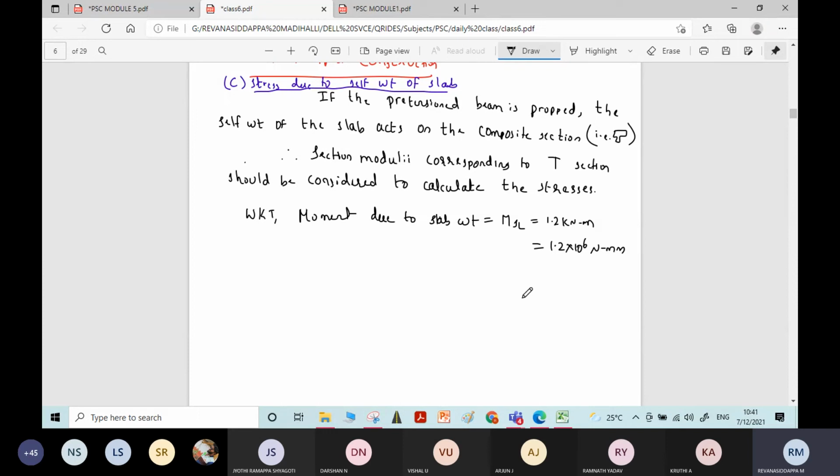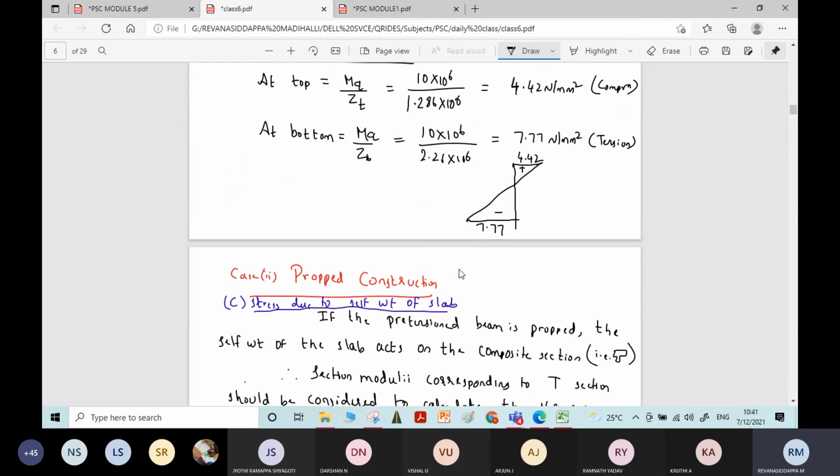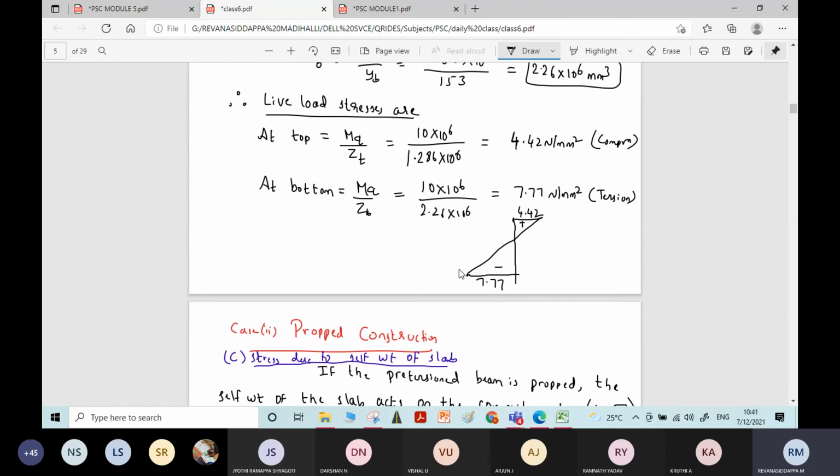Now, when you consider section modulus corresponding to the composite section, the T section, you will get two values for stresses, that is at top and bottom. Therefore, at the top, MSL divided by ZT is 1.2 into 10 power 6 divided by 1.286 into 10 power 6.